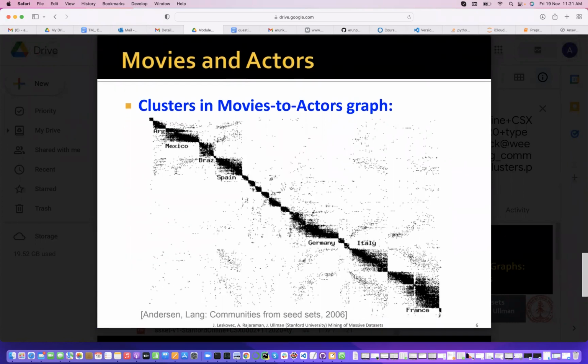There is a huge number of actors, but when they try to get clusters, the actors belonging to each nation are clearly visible as clusters, here at least. For some languages or nations, there is not a huge market or not many actors available, and you can see their cluster size is also small.